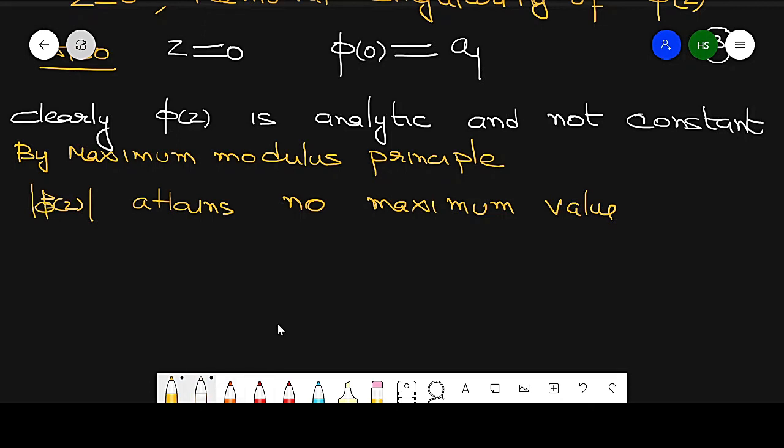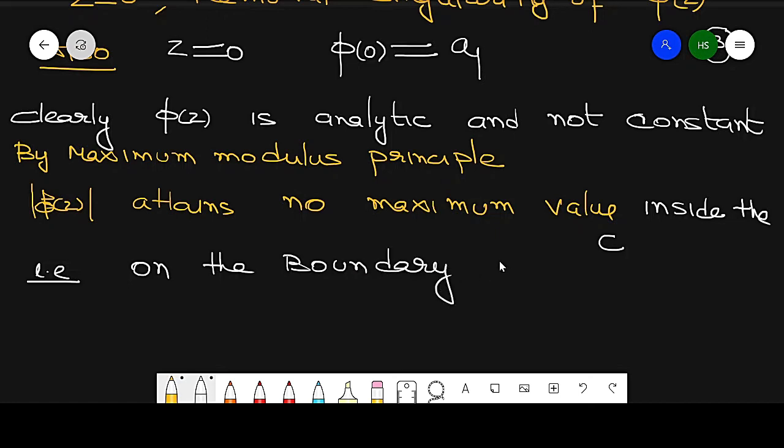So it attains its maximum value on the boundary of C, not inside C.